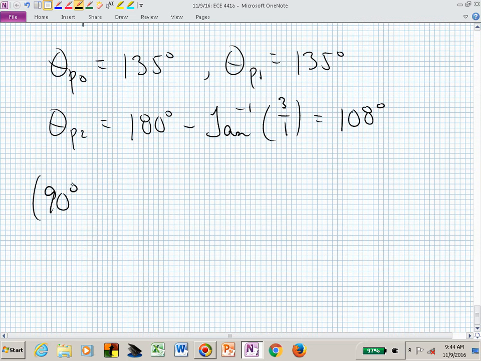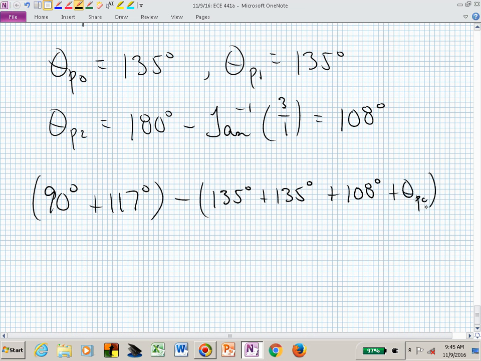We have 90 degrees, that's the angle due to the controller 0, plus 117 degrees, minus the angle due to the pole at the origin, the angle due to the upper complex pole, the angle due to the lower complex pole, plus the angle of the compensator, which we don't know.